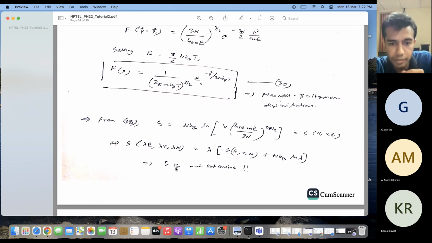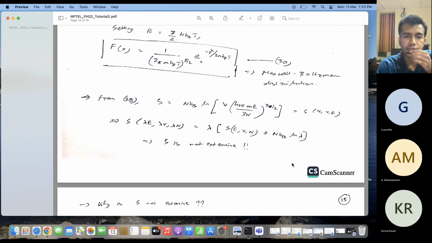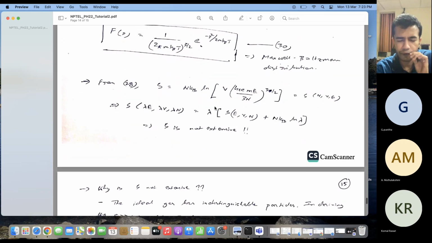But what do I see over here? If I replace E by lambda E, V by lambda V, and N by lambda N, then S becomes equal to lambda times S at E, V, N plus N kB log lambda. So as you can see, this expression of entropy is not extensive at all. So there is a mistake over here.